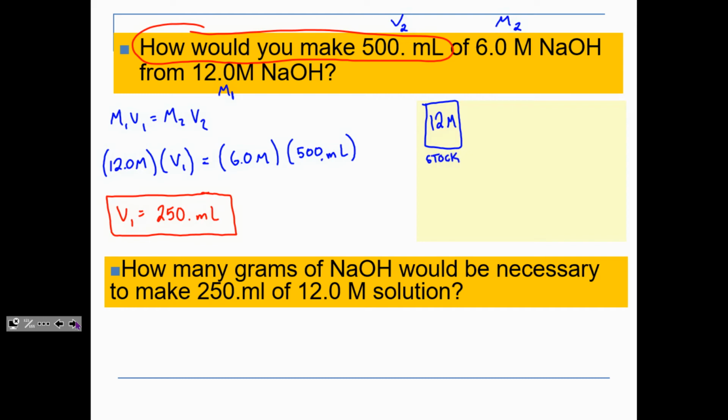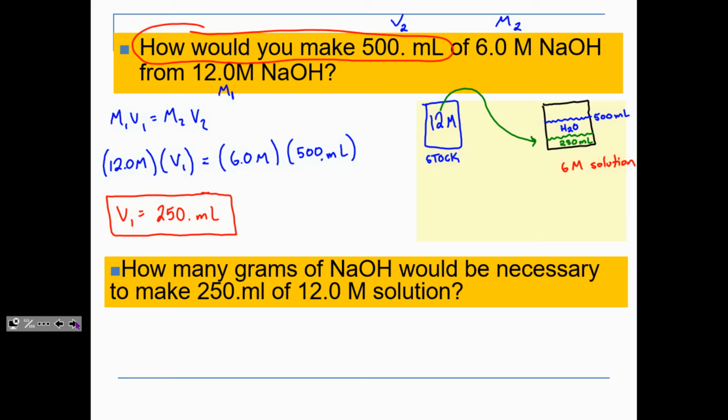What I need to do is take out 250 milliliters, which is what I calculated, and then I'm going to fill the rest up to the 500 milliliter mark with water, or whatever your solvent is.